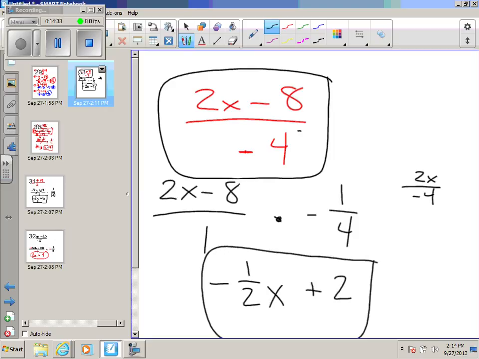If you take a look at the negative 4 and take that first term, 2x divided by negative 4, 2 and 4, yes, you can work with them. They're compatible. You know it's going to be half, and you put that on the top. That would be fine. Negative 8 divided by the negative 4, you go piece by piece, term by term. Do that as well. It would still work out the same way.